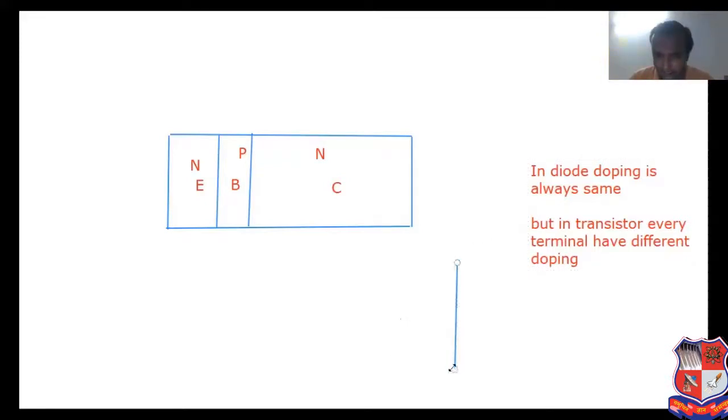If this is considered as the direction of electron, then the direction of current is opposite. See this, this is the direction of current.